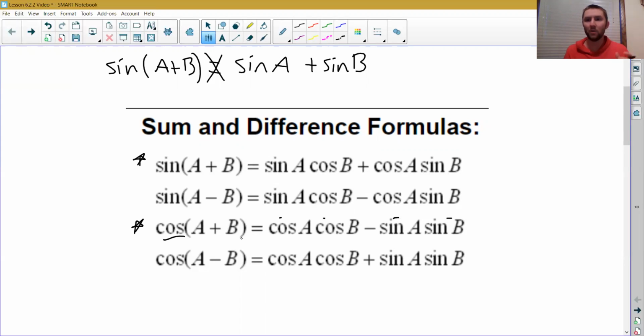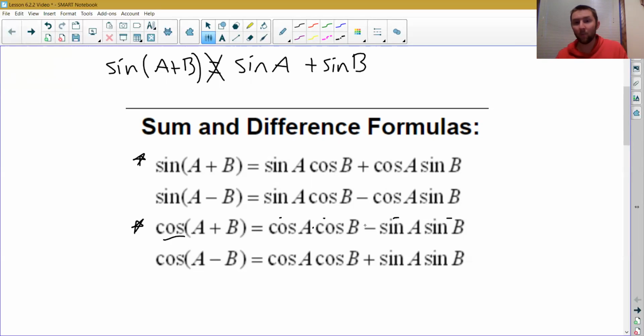If you're doing the cosine of two angles added together, you're going to do the cosine of the first times the cosine of the second minus the sine of the first times the sine of the second, okay? The first angle gets cosine and the second angle gets cosine. Those are multiplied. The first angle gets sine, the second angle gets sine.